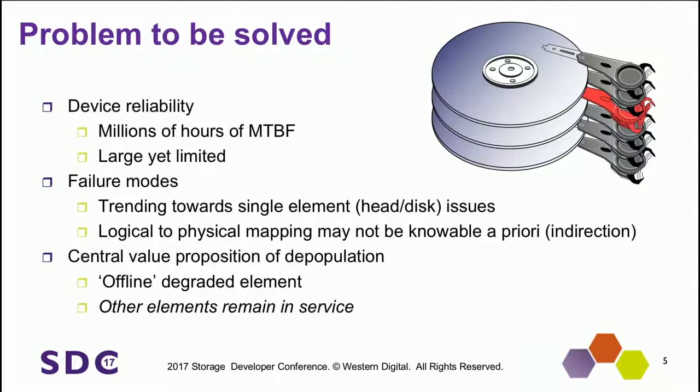Now, just in terms of disks, in the past, we'd tend to see more systemic failures, right? A disk would tend to fail in the electronics as a whole, or it might be a debris-caused issue that would propagate across multiple heads, surfaces, whatever.